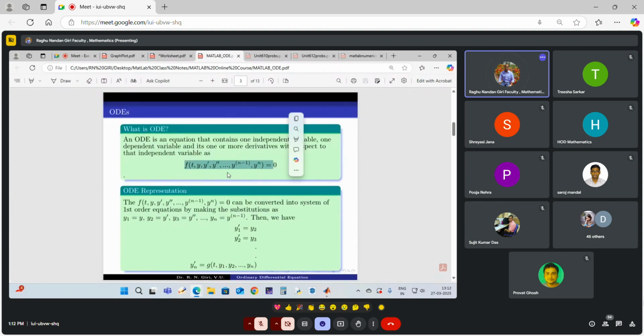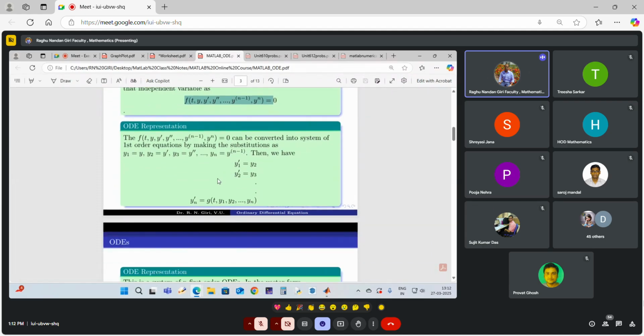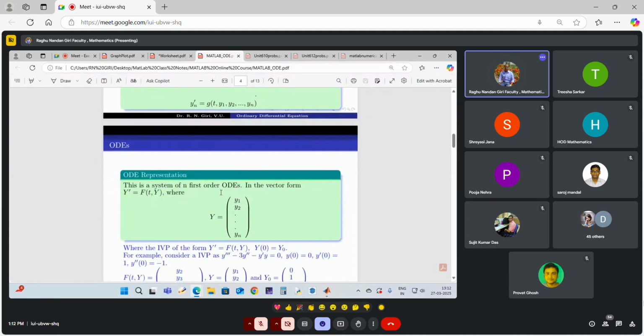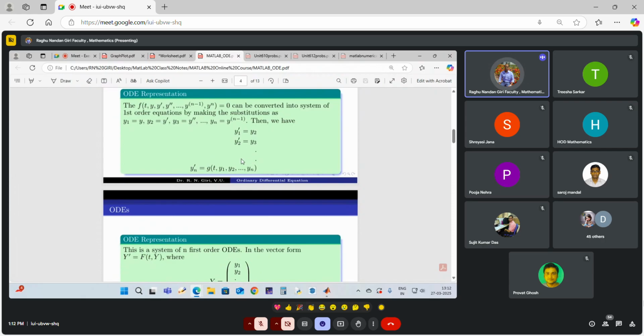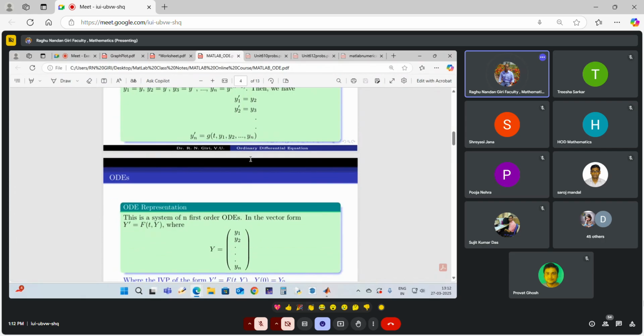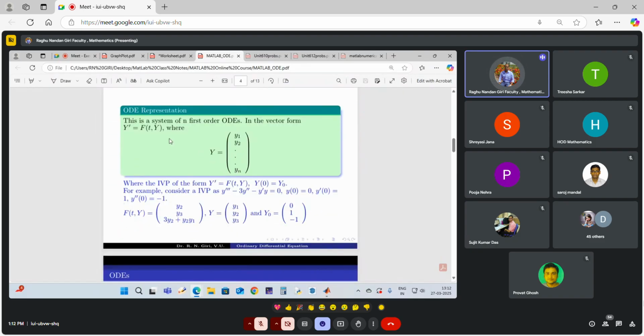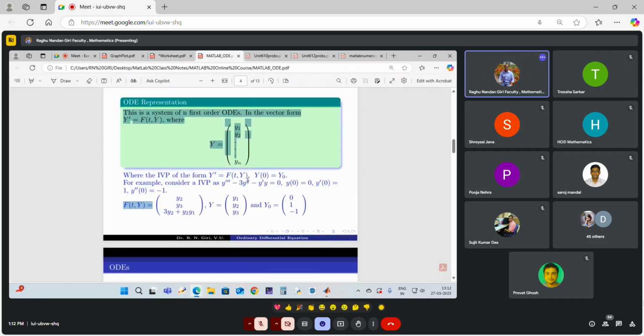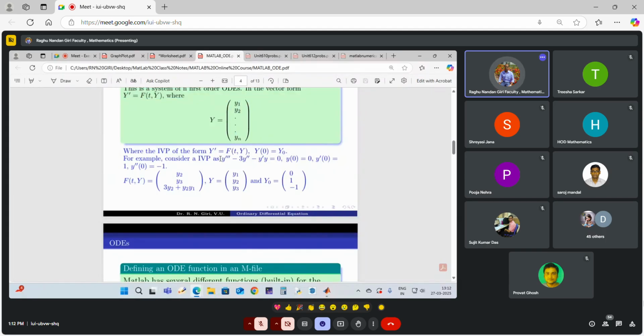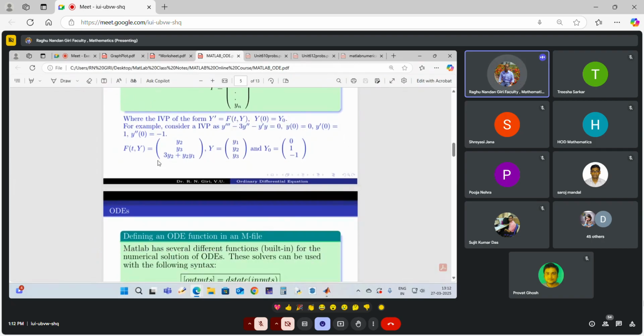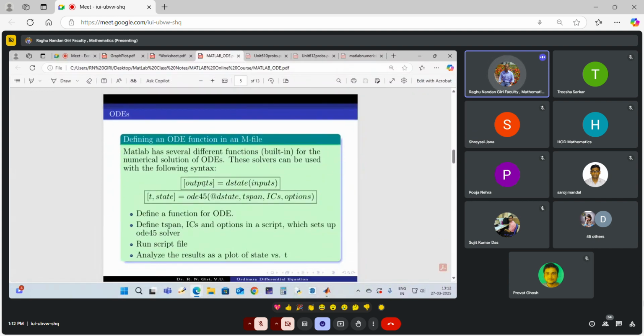I already told that this is the ODE in mathematical form, converted to simultaneous first order ODEs in vector form. One example is there, a third order ODE converted to a system of ODEs.